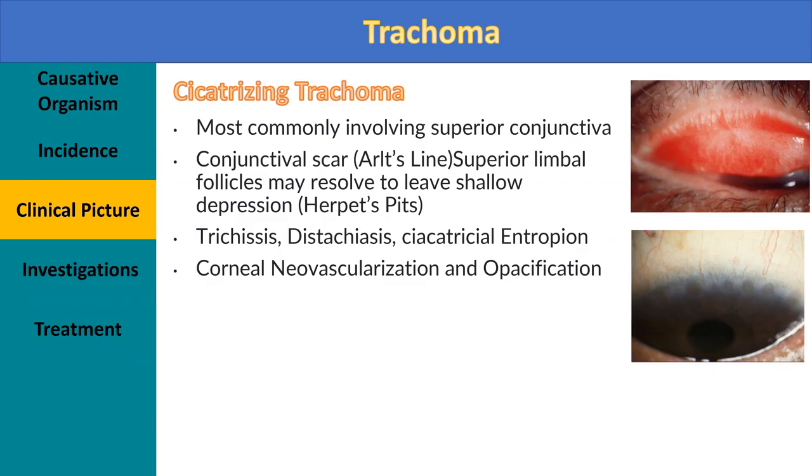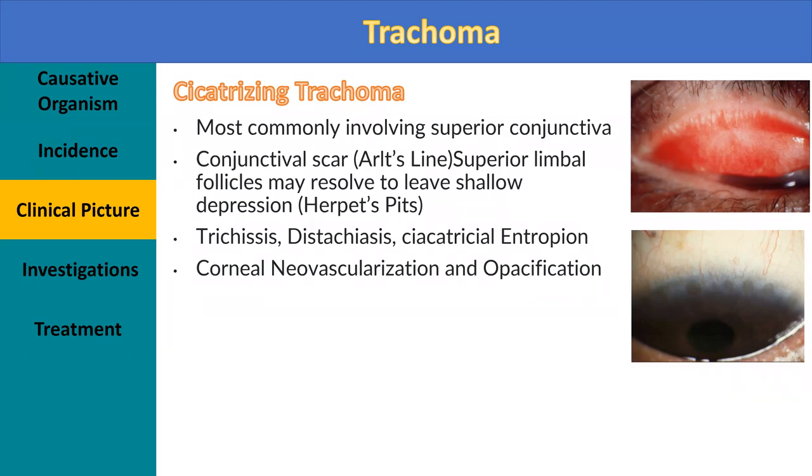Very, very common to differentiate between the Herbert's pits and the Horner-Trantas dots. So they keep asking you where does it occur? The Herbert's pits in trachoma, the Horner-Trantas dots in the vernal disease. They just want to confuse you because both are follicles or pits, and both are present at the limbus.